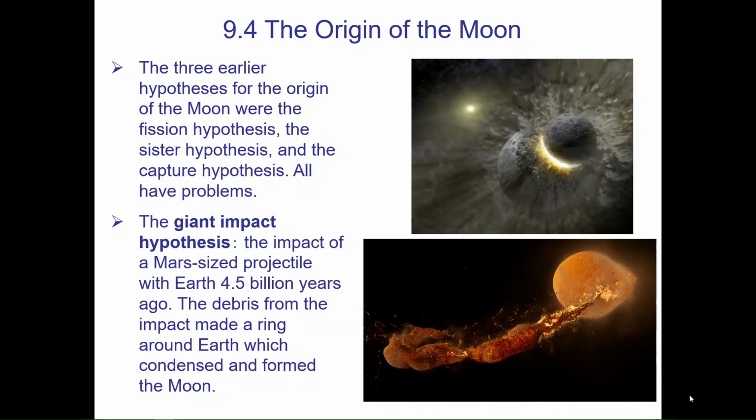Therefore, the accepted theory today for the moon's formation is what we call the giant impact theory. About 4.5 billion years ago, a Mars-sized projectile impacted the Earth, and the debris from the impact made a ring around the Earth, and that debris finally condensed together and formed the moon.